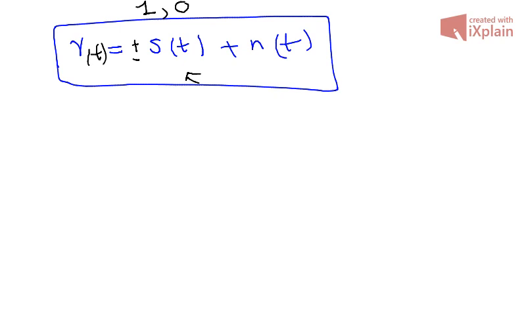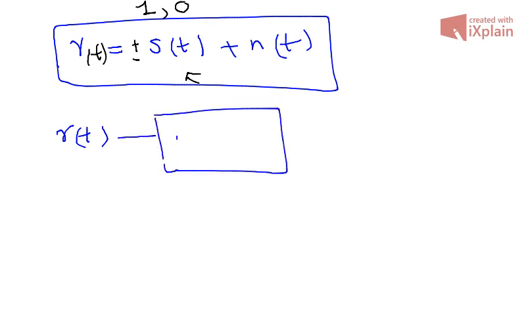Now this is your r of t. When we pass this signal through the correlator, as we have seen in the previous lecture, the correlator gives us the output of an integral.